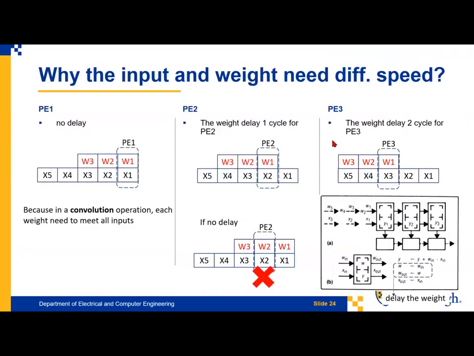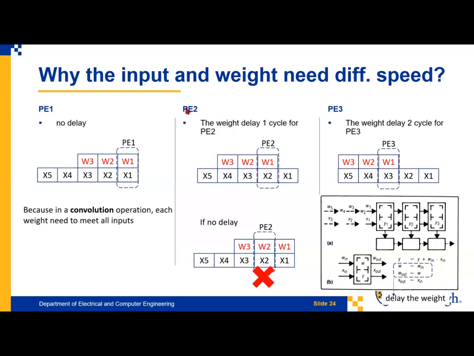And why do we need the input and the weight to run at different speeds? This slide shows the reasons. In processing element 1, we don't have delay, because the inputs W1 and X1 do the multiplication, right?